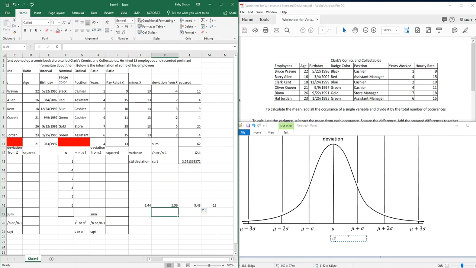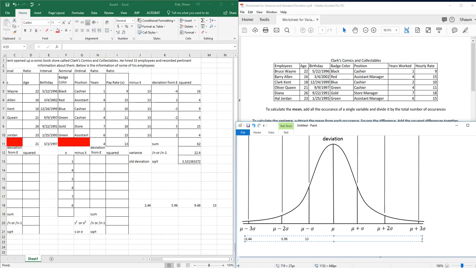So 3 standard deviations below the mean is 2.44, and 2 standard deviations below is 5.96. Oops. 1 standard deviation below is 9.48.